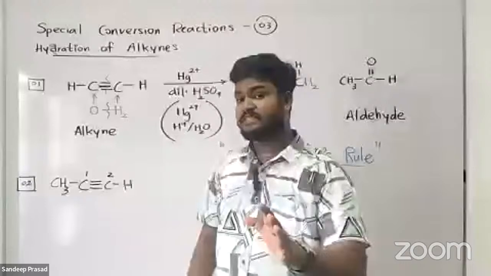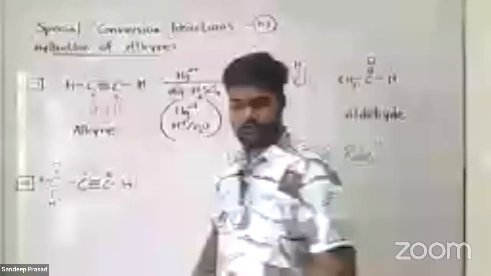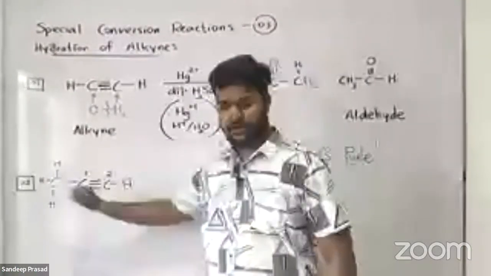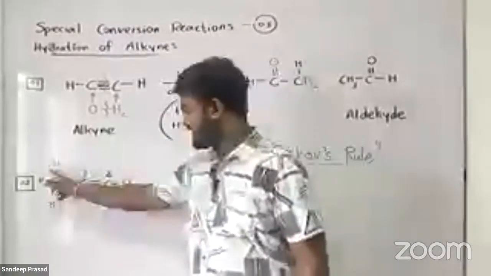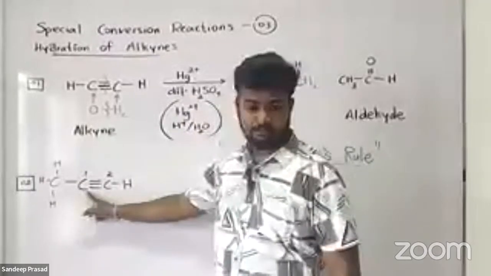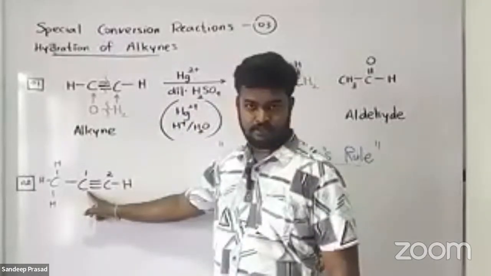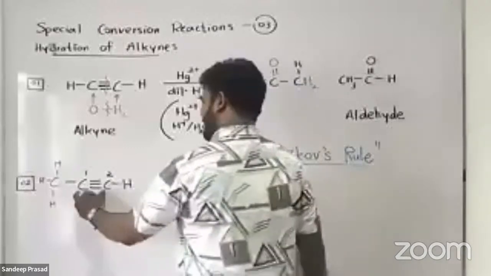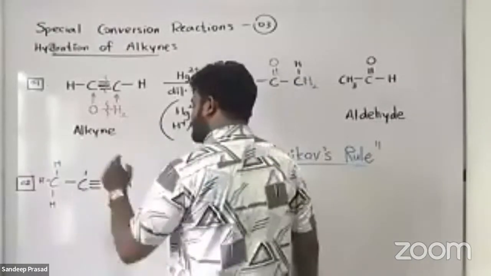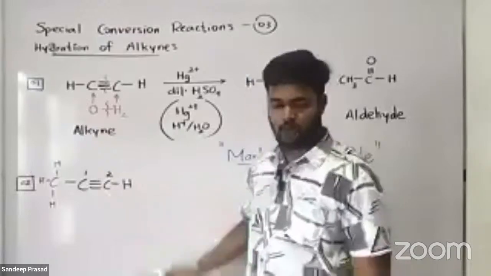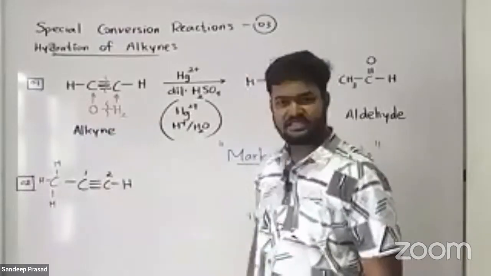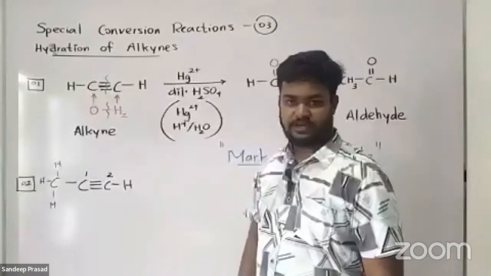Remember, these three hydrogen atoms are connected to the terminal carbon atom, so these hydrogens do not belong to the first carbon atom. So among these two carbon atoms, who is rich with hydrogen? Of course, the second one is the carbon atom rich with hydrogens.